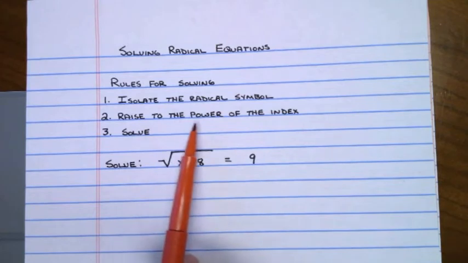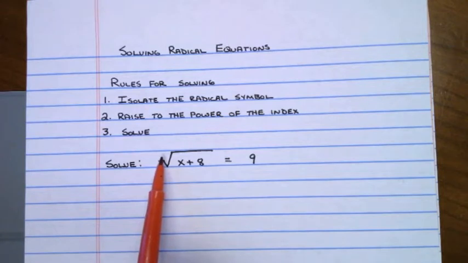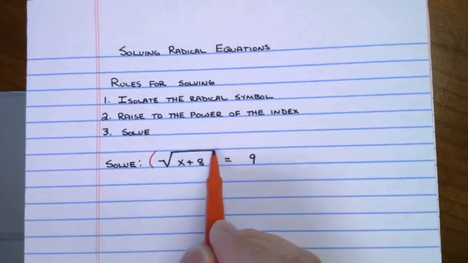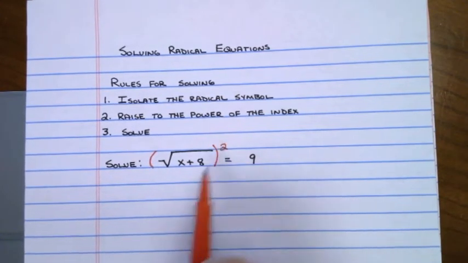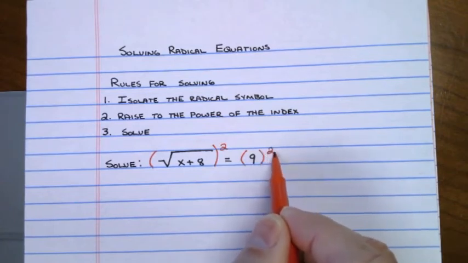The next thing I need to do is raise to the power of this index. So this is an index of 2 because I can't see it. So the way I'm going to get rid of this radical symbol is doing the opposite of the square root. What's the opposite of the square root? Squaring it. And remember, if I do something to one side, I have to do it to the other side.